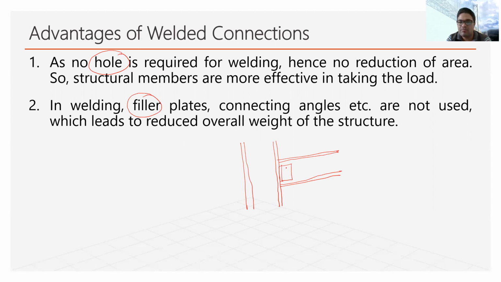And in those angles, we make holes, and then we attach the beam with the help of bolts. So in welding, we do not require these angles, because welding can be done directly on the elements which are being connected.